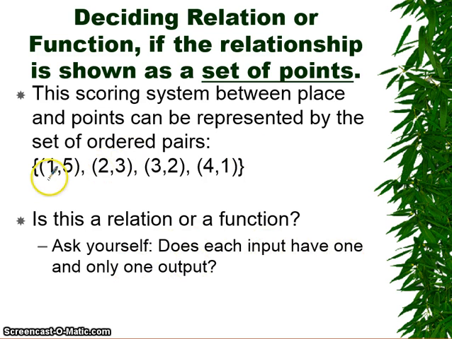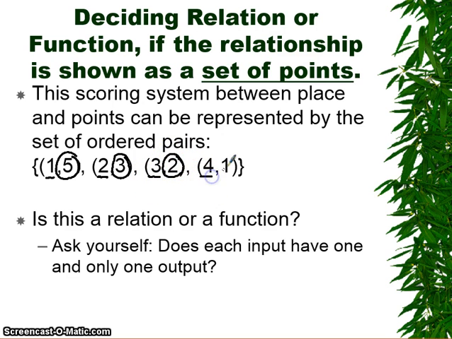In other words, does first place always output 5? And the answer is yes, because we do not see another input of 1. Does an input of 2 always output 3? Yes, every time you get second place, you'll get 3 points. Does an input of 3 always output 2? Yes. If you get third place, you will always get 2 points.